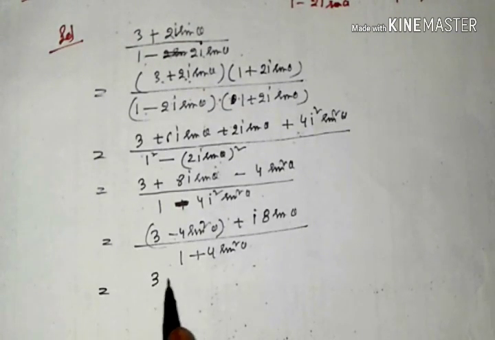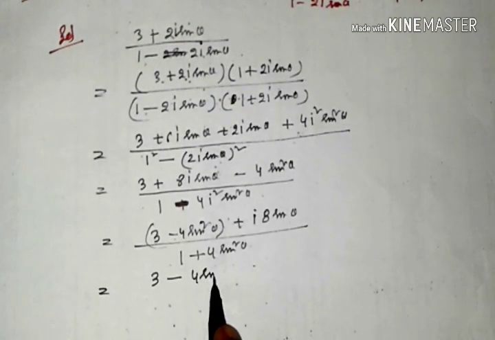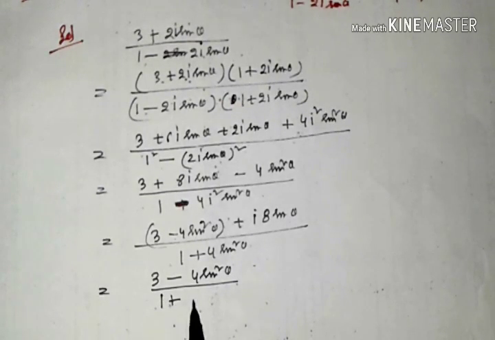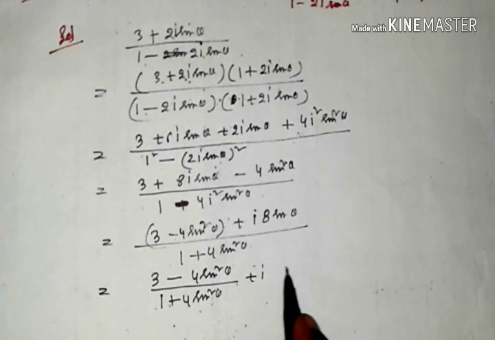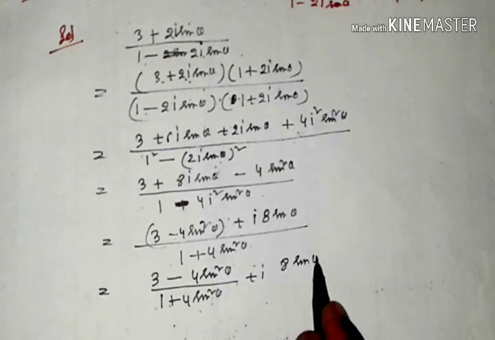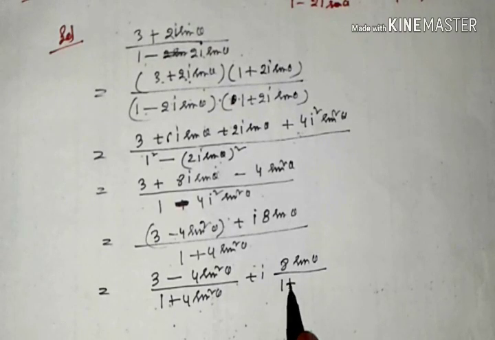Now we can write this as (3 minus 4 sin square theta) over (1 plus 4 sin square theta) plus i 8 sin theta over (1 plus 4 sin square theta).